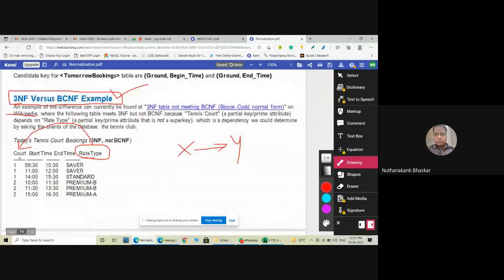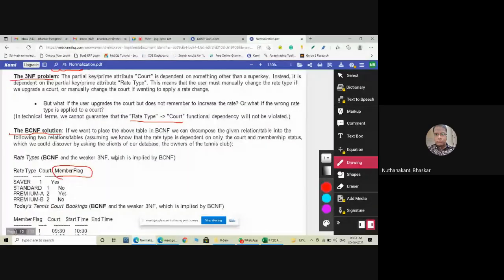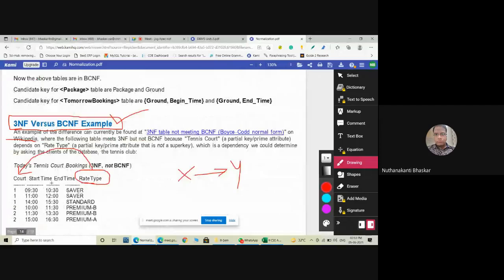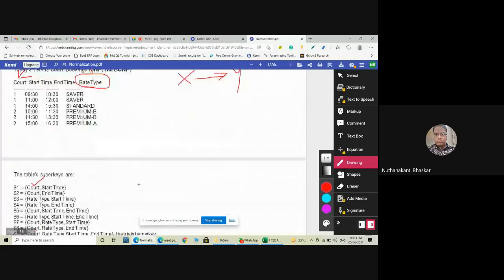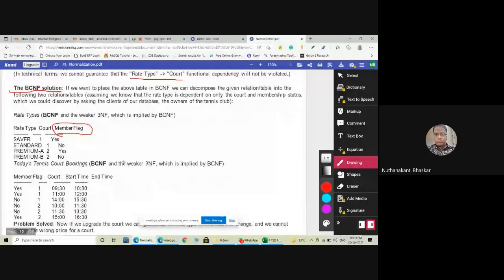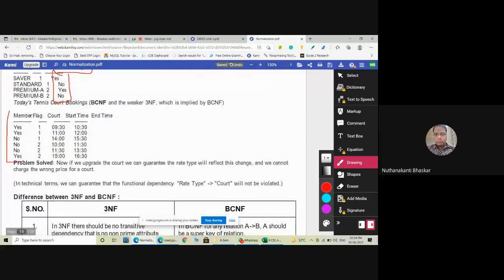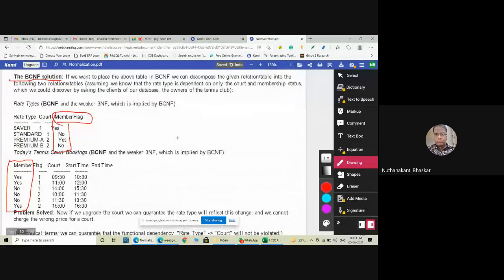Quote and rate type is one table, and quote start time and end time is another table. Along with that, I take a member flag, the extra attribute, in both tables. Now after decomposition of this relation, there is a chance of preserving functional dependency and lossless join.